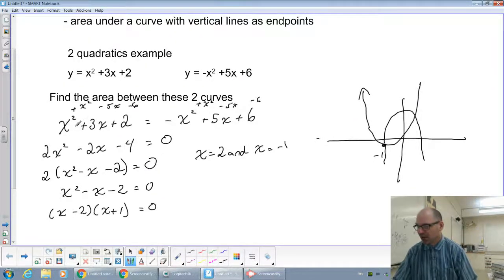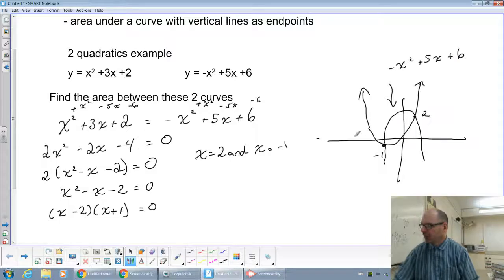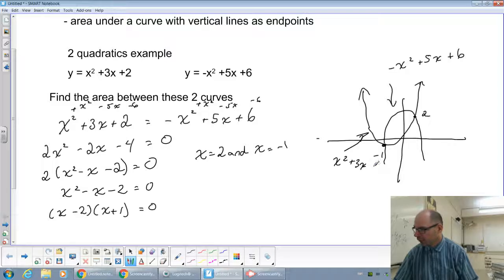So negative 1 would have given us 1 minus 3 plus 2, so it's right on the 0 line. And this one here would be 2. If you're not entirely sure, this would be the negative x squared plus 5x plus 6. And this one here would be the other one, x squared plus 3x plus 2.